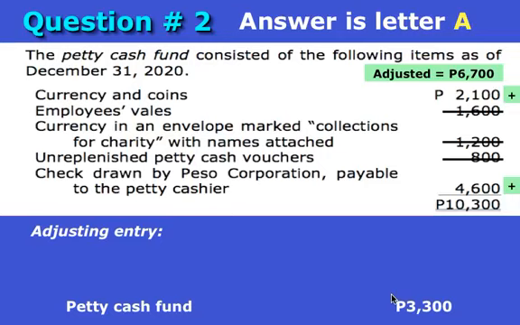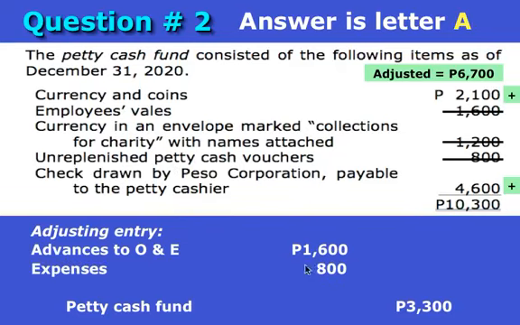Why? Dapat ma-explain yan properly. Reasons provided by the custodian: Employees' vales, mga IOUs, mga cash advances ng employees, debit advances to officers and employees. Valid reason. What else? The unreplenished petty cash vouchers, expenses.